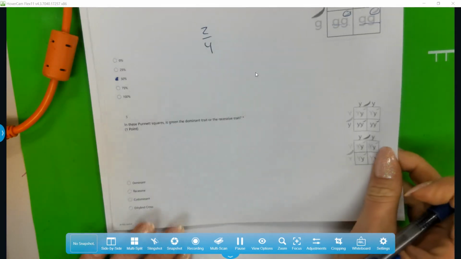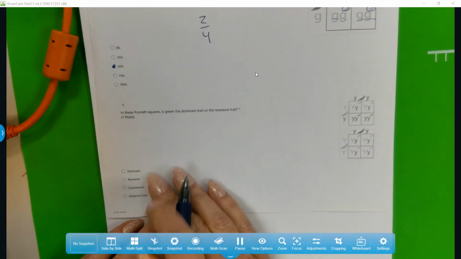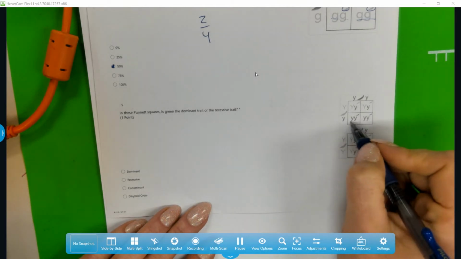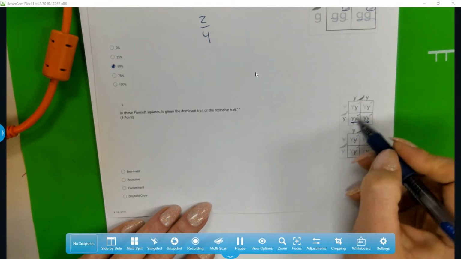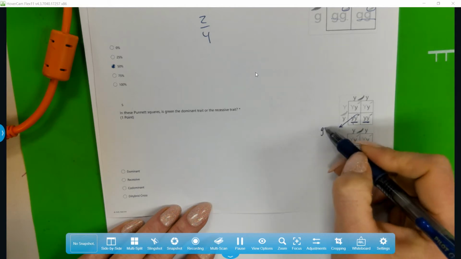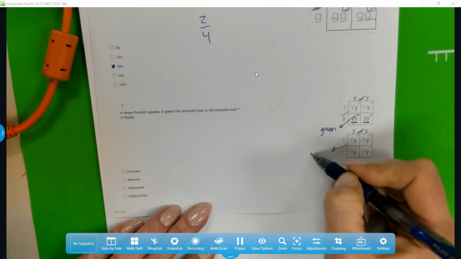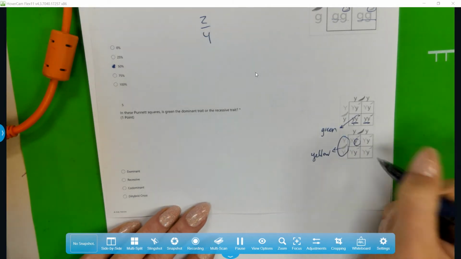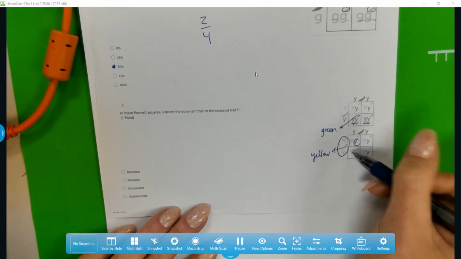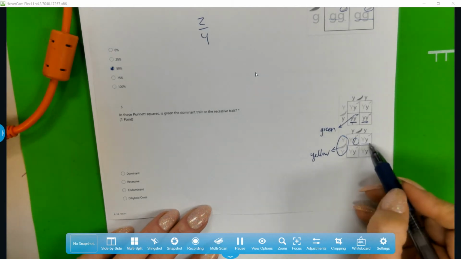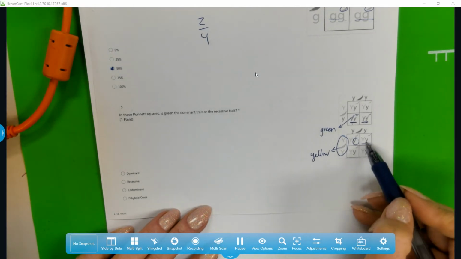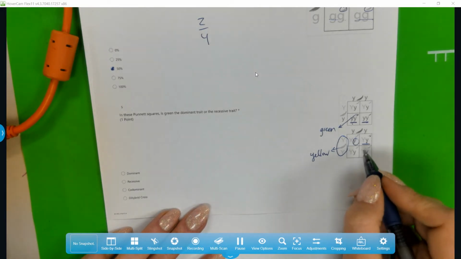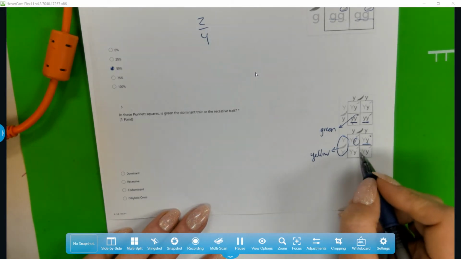Is green dominant or recessive? Okay, so we're going to look at these two lowercase letters. Remember that this darker color in the actual test is green, the lighter color in the actual test is yellow. So we have uppercase Y's and lowercase y's. This is not the best because y's look similar upper and lowercase, but we can tell the difference like this. So the heterozygous ones are yellow. That's a big clue. Whatever trait the heterozygous one has is the dominant trait.